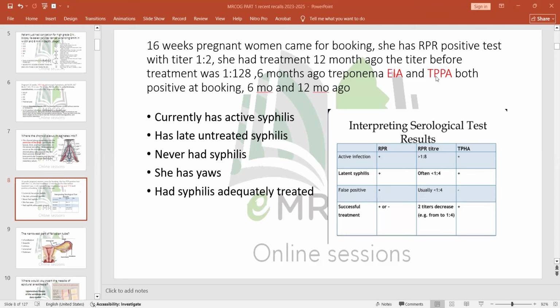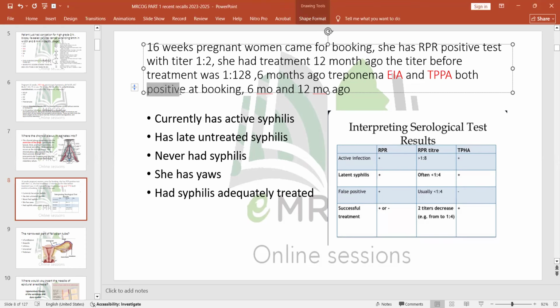If EIA and TPPA are both positive, now, is this a true syphilis case or a false positive case? True one, definitely a true one. Yes, I'm having both treponemal and non-treponemal tests positive. So yes, this is a true positive syphilitic case.